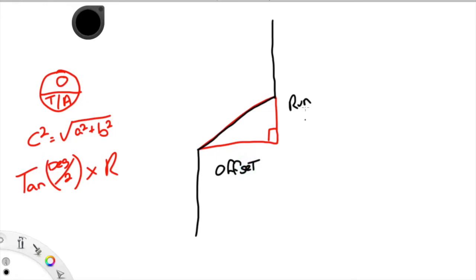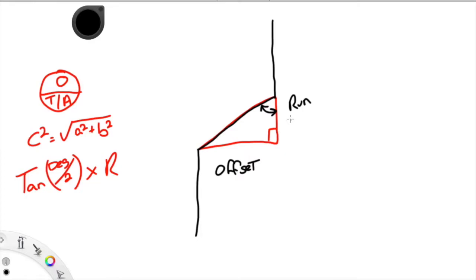Okay, so being that this is the corner, this is the side of the triangle that is in continuation with the run of our pipe, it means this is the angle that we're going to solve with our alternative method. Opposite over adjacent.